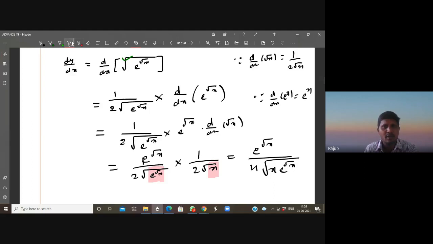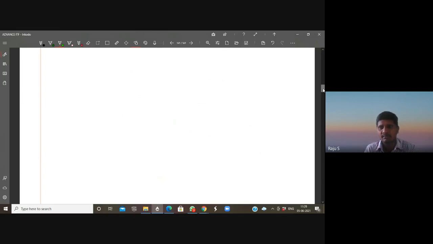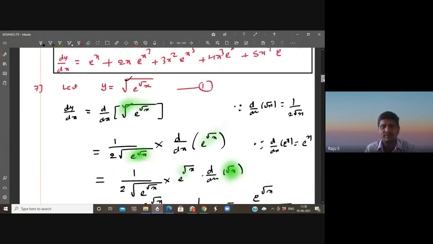Okay students, what I have done here is simple. I differentiated first this root x, next e power x derivative, next this root x derivative. That's it. Root e power x, root x. This is directly with the help of the chain rule.